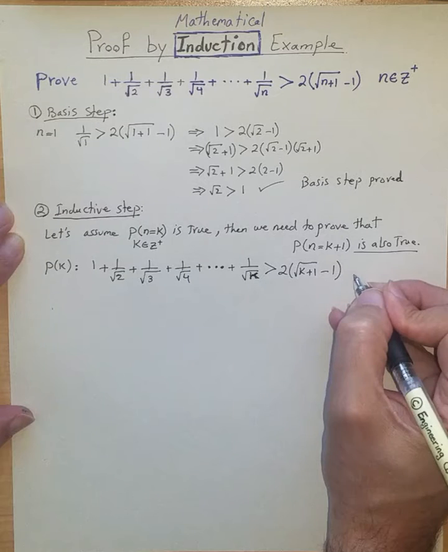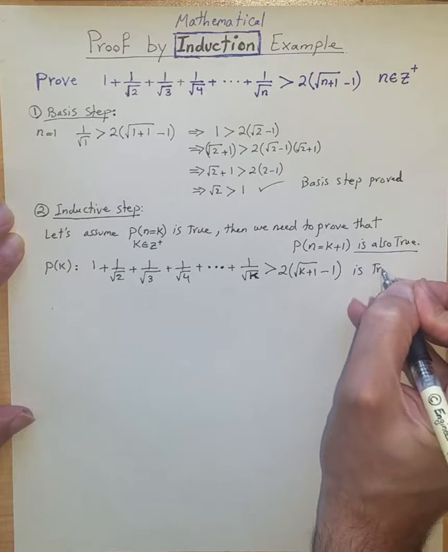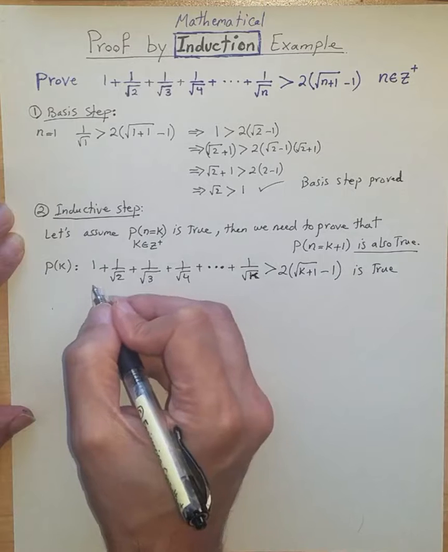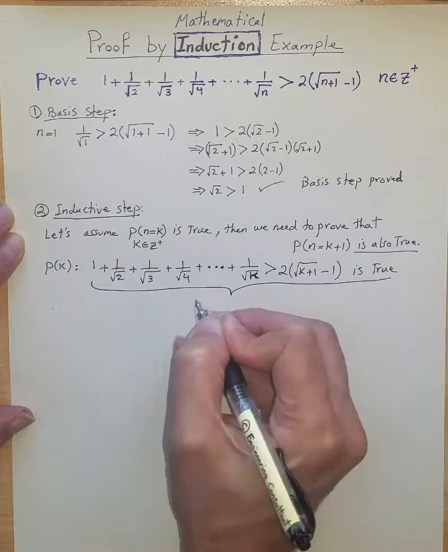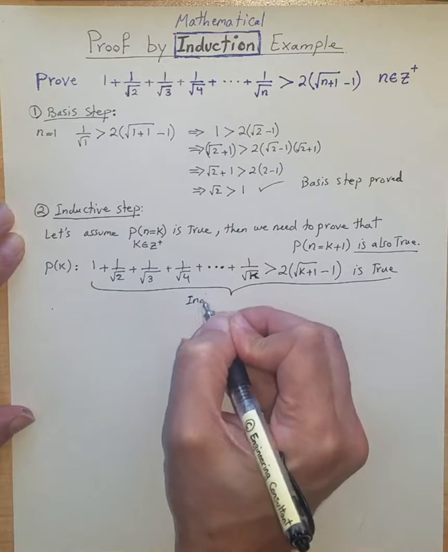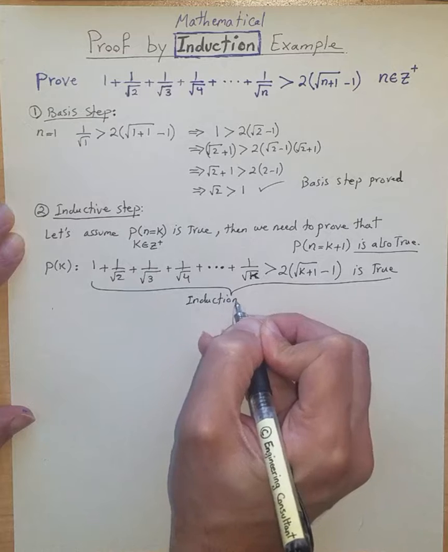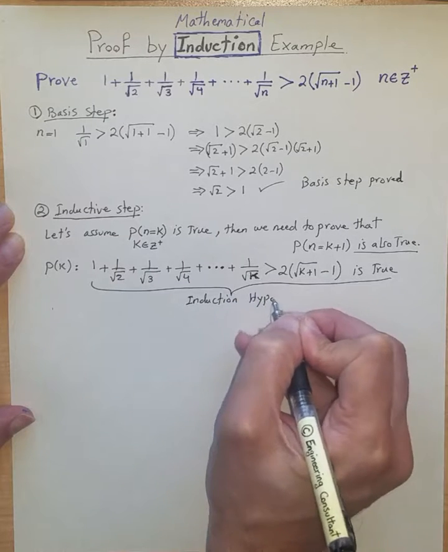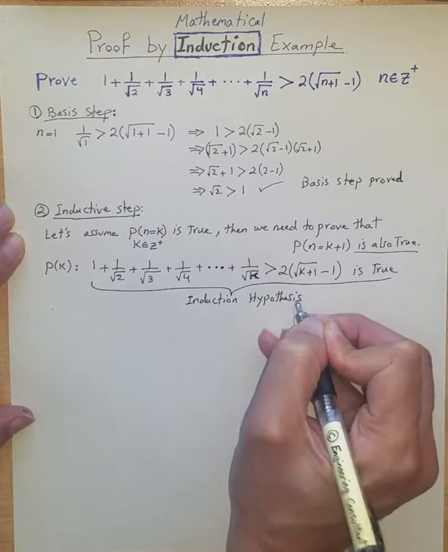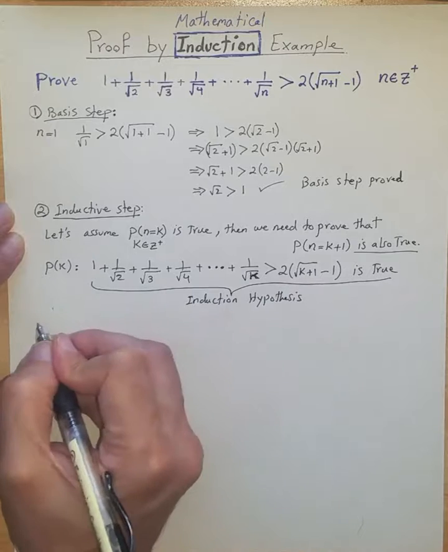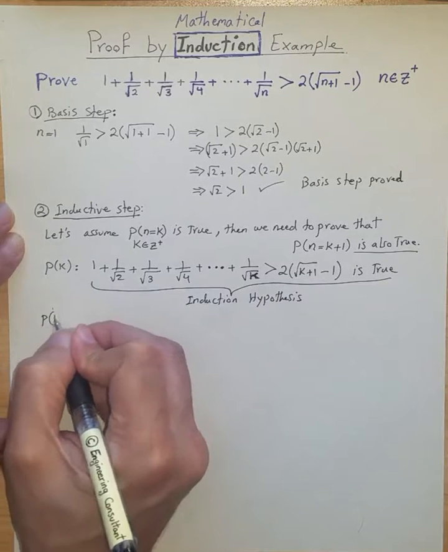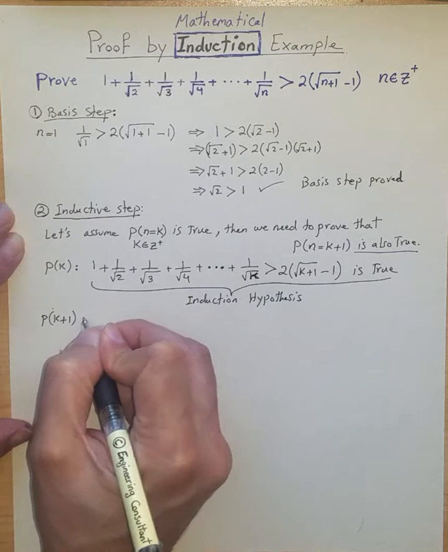We are assuming this is true. This is referred to as the induction hypothesis. So we make this assumption. Now we want to prove that p of k plus 1 is also true.